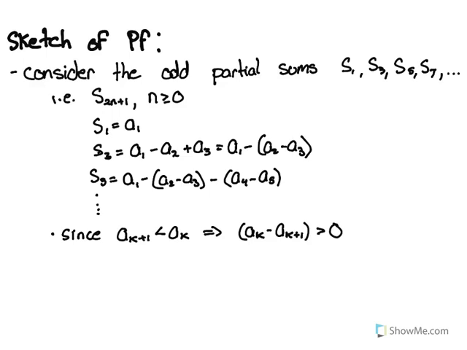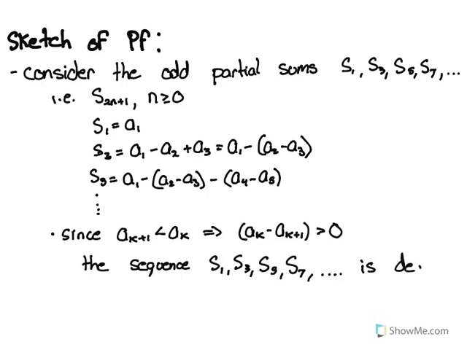So since we're subtracting this positive factor in every consecutive odd partial sum, that implies that the sequence S1, S3, S5, S7, so the odd partial sums, is a decreasing sequence.